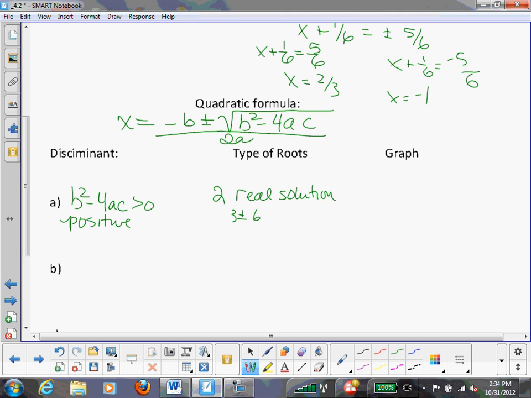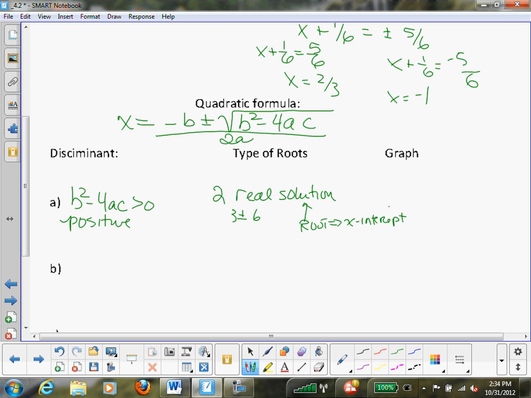If I have two real solutions, remember a solution also means it's crossing the x-axis. A solution means a root, and it means an x-intercept. So my graph, a quadratic, is in the shape of a what?